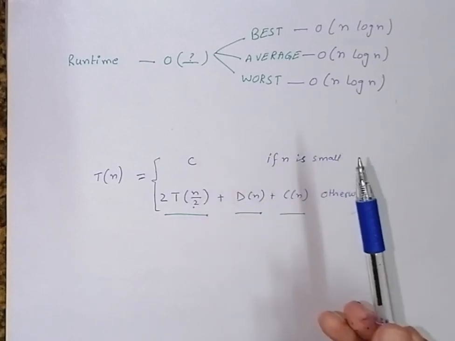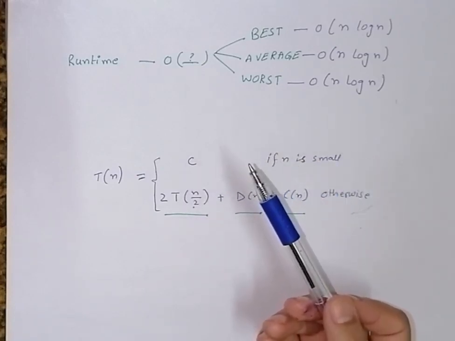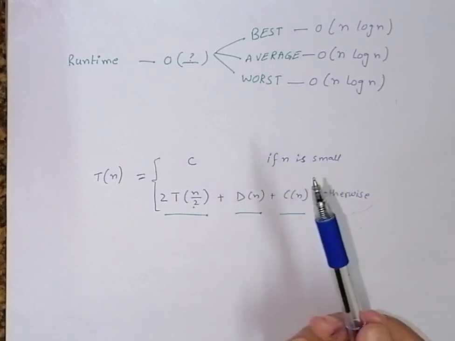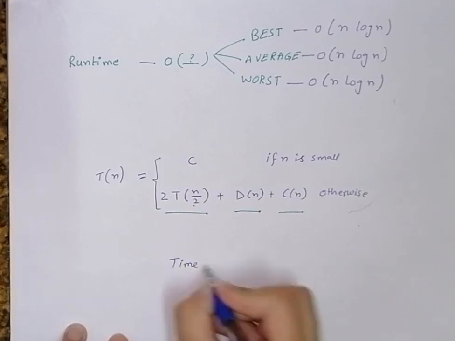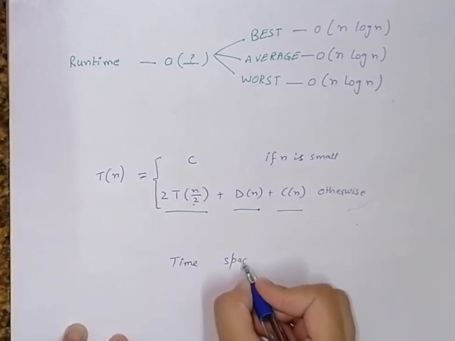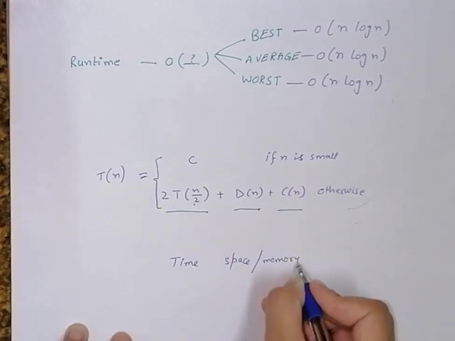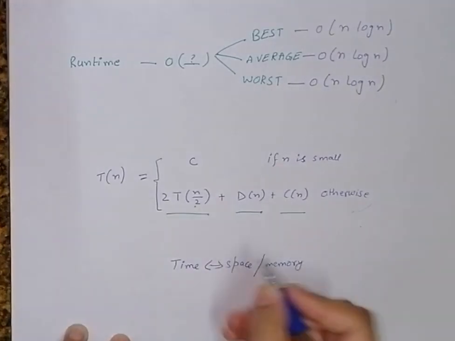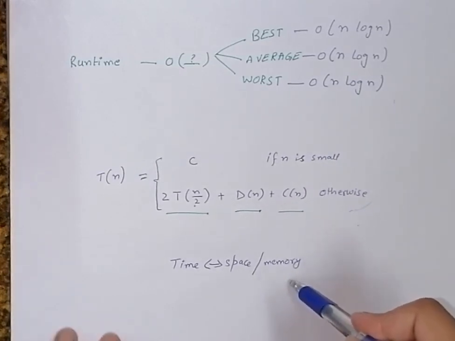At this point we can say that we have studied one thing in the data structures and algorithm course, that there exists a trade-off between time and space or memory. So here this thing is also satisfied. Time is consistent, but memory consumption or utilization has increased.